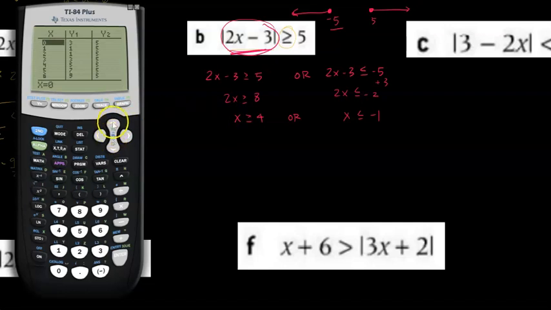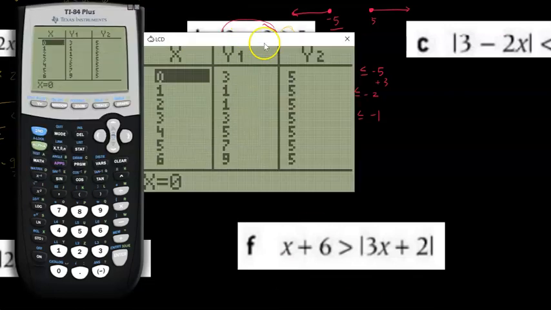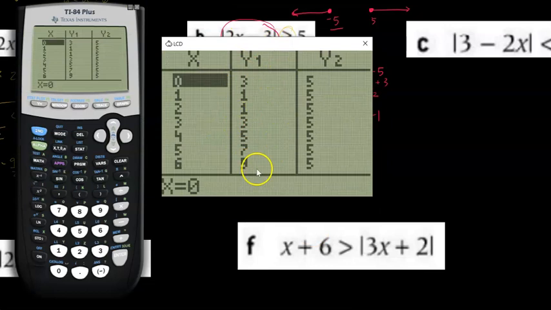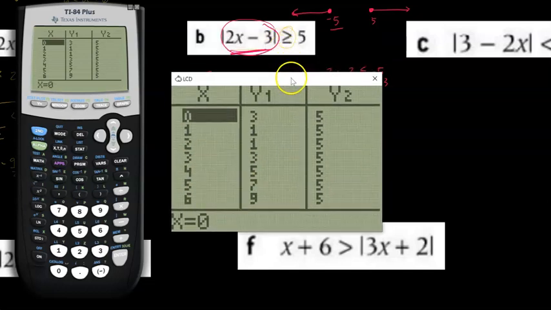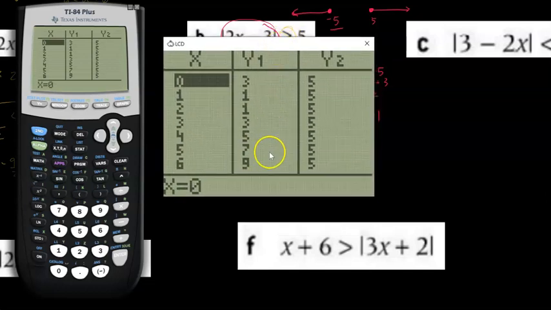So if you look at x greater than or equal to 4, if you go to 4 right here, you see the y values. This column, y1, was the absolute value function, and that one was the horizontal line, thus 5, 5, 5, 5, 5. At x equals 4, y equals 5, and we need numbers that are greater than 5.